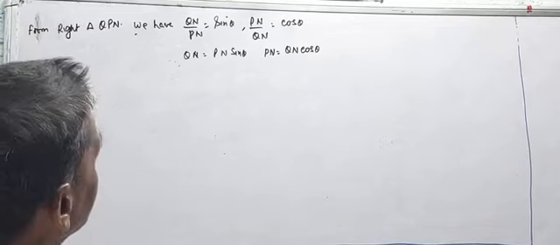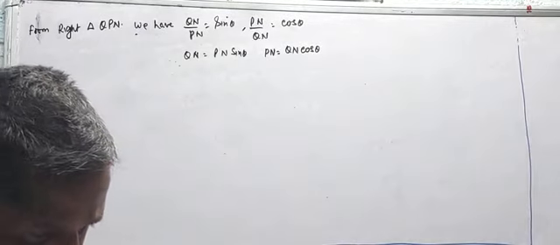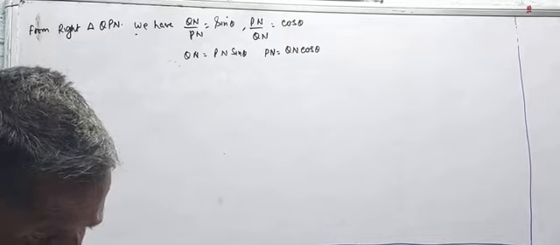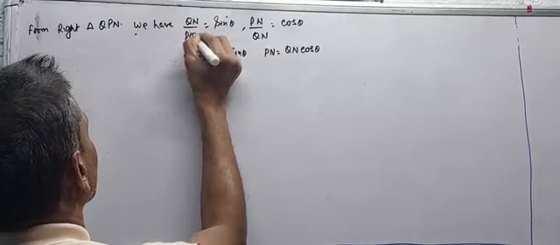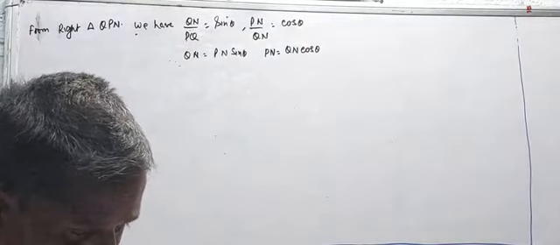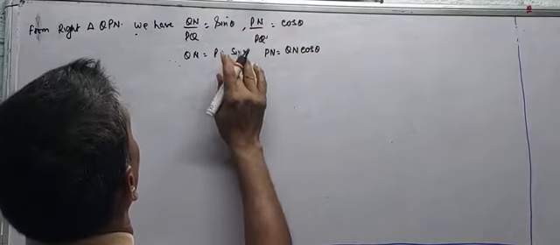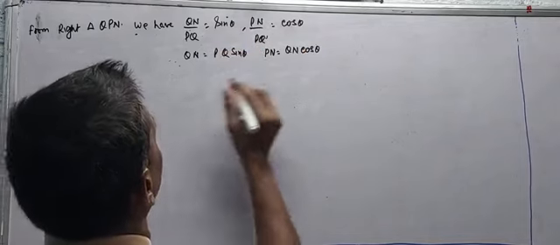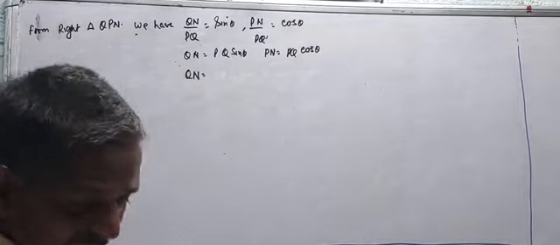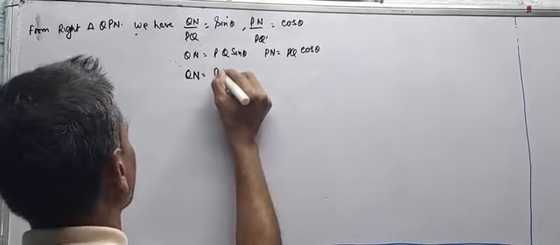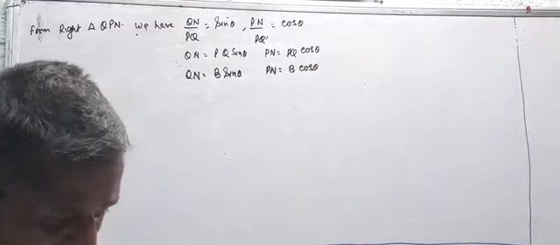Means QN equal to B sin theta and PN equal to B cos theta.